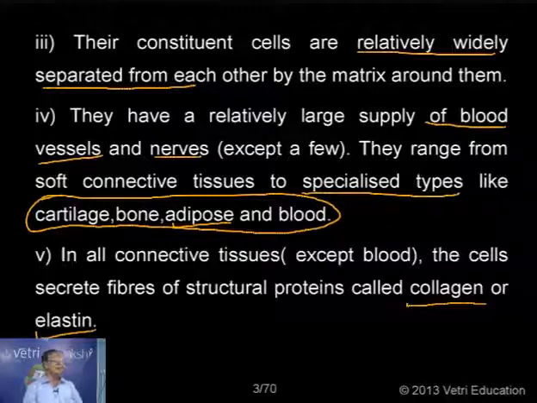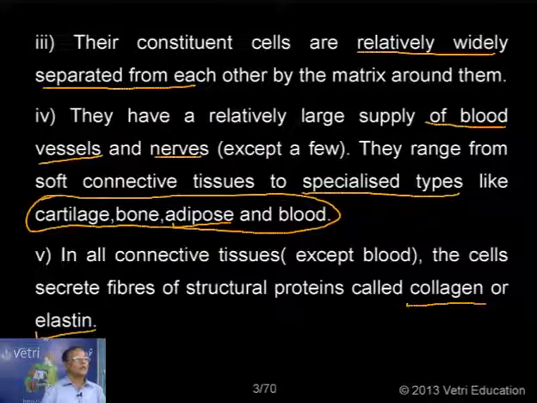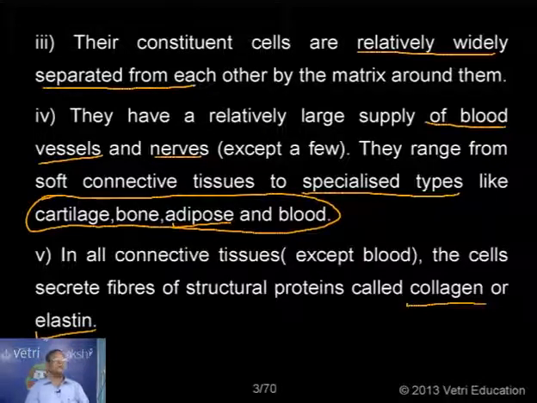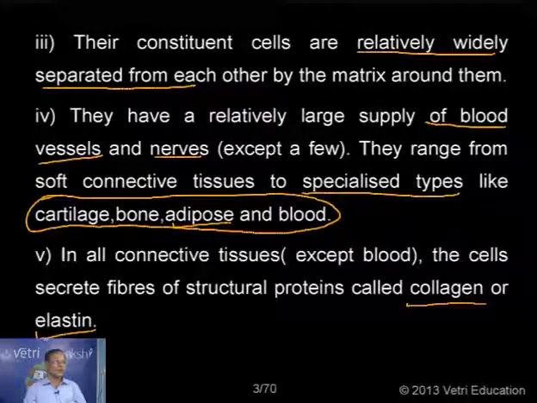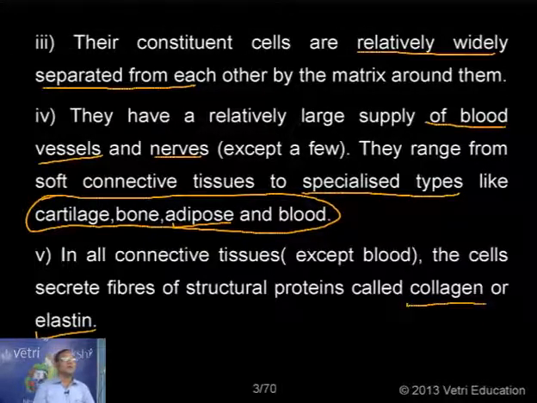So anyway, in all connective tissues there are certain cells which secrete the fibers which normally give strength and firmness to the connective tissue, and such fibers are of 2 types. Some of the fibers are made up of structural proteins, namely collagen, the most abundant protein in the human body. And in some cases we have yellow fibers.